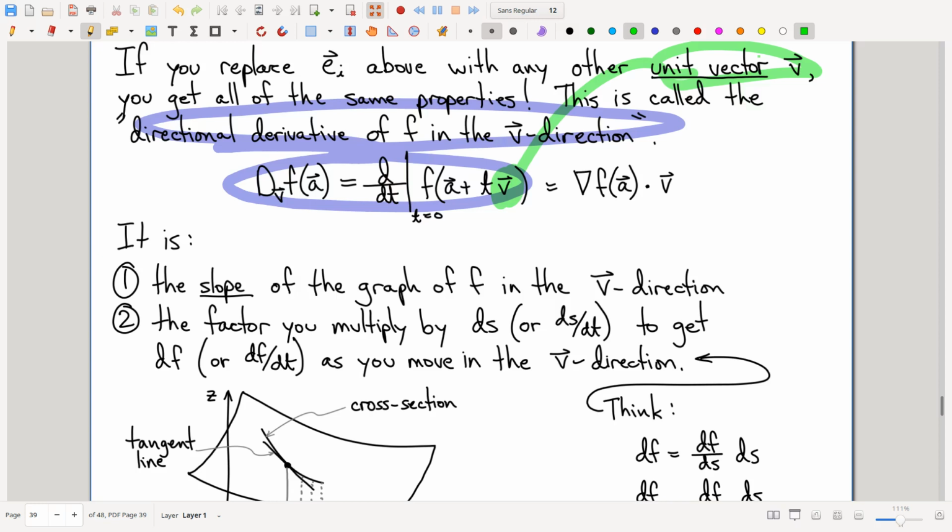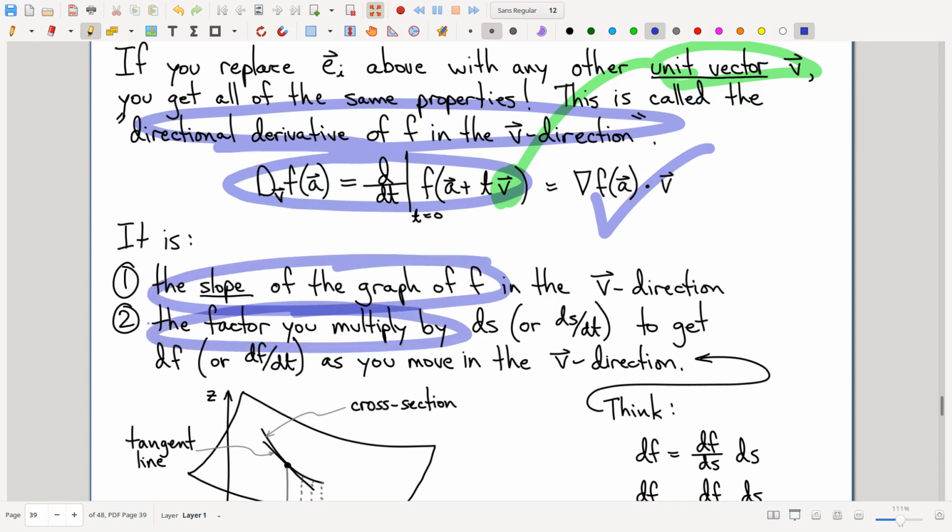I want to know how the function's changing. And I have, as an immediate consequence of the arguments we just made, a handy-dandy formula for how to compute it, and I have two really valuable interpretations of what it looks like and how it connects to geometry or physics.